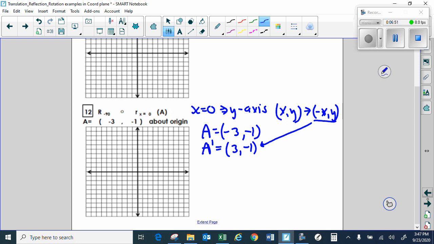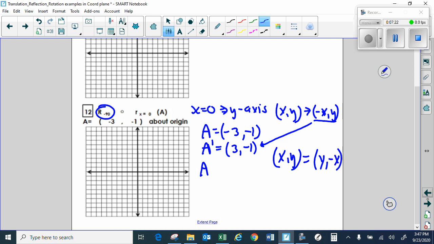And then we're rotating it -90 degrees. Well, -90 degrees is first a reflection over the y-axis and then over the line y equals x. So here we just did the y-axis, it switches the x-coordinate, so x, y becomes negative x, y, and then over the line y equals negative x, switches the x and the y coordinates.